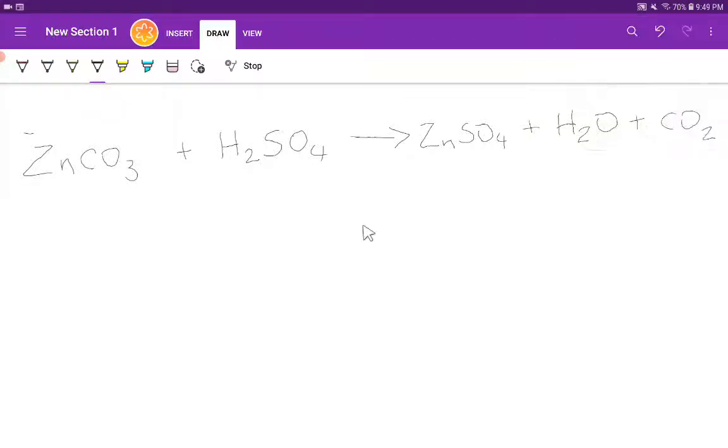Okay, so the first thing we need to do is ensure that our equation is balanced. If you're able to look and see by inspection, you should realize by now that yes, our equation is balanced. So what we need to do now is go ahead and assign our state symbols. So let's check the solubility for carbonates.